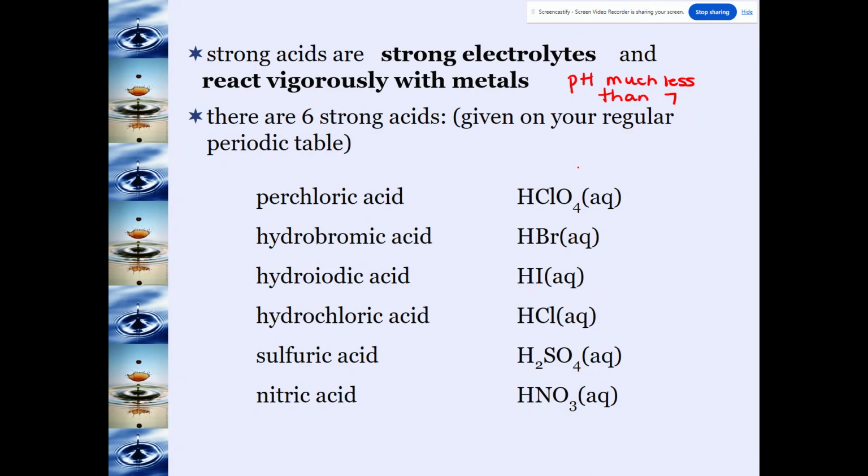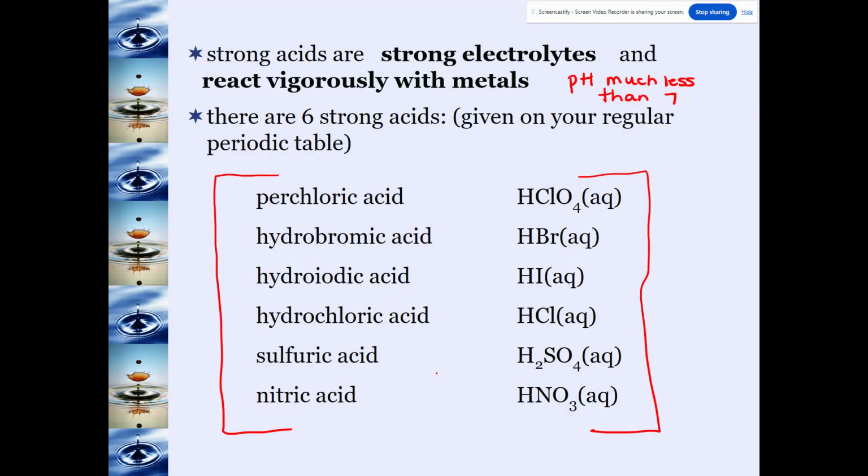Now, these are the 6 strong acids, okay? They are given on your periodic table. If you have a Chem 30 data booklet, they are listed in the acid section of the data booklet, the top 6. But for my Chem 20 students, we have just this list of them on the data booklet to show that these are the strong acids.